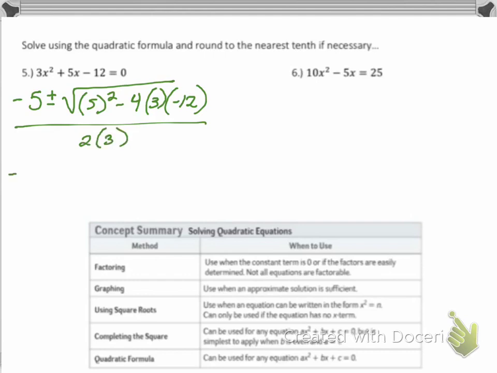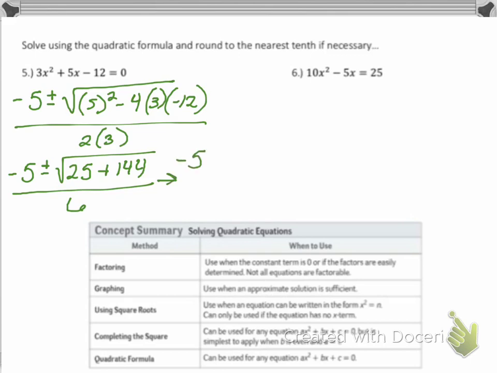So that simplifies or reduces to -5 plus or minus the square root of 25 plus 144. Oh, this is going to work out nicely again, all over 6. Okay, so this is going to then be -5 plus or minus the square root of 169 all over 6.